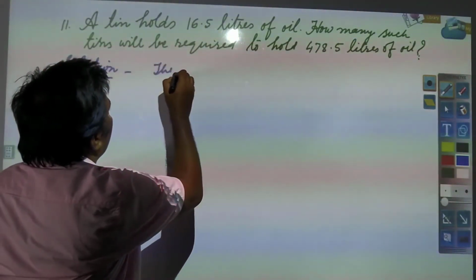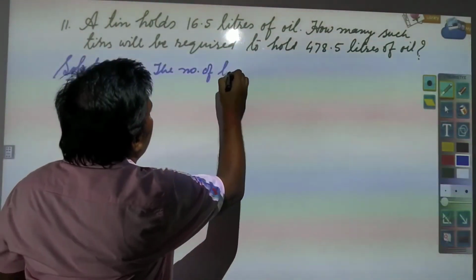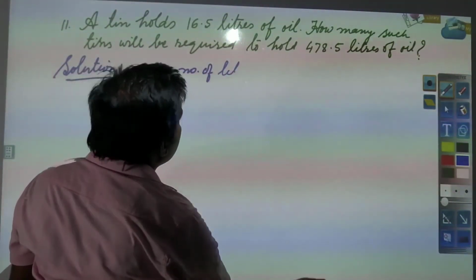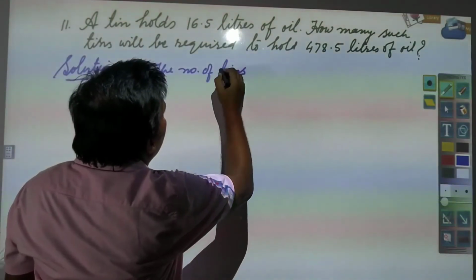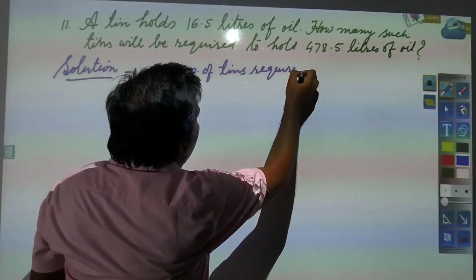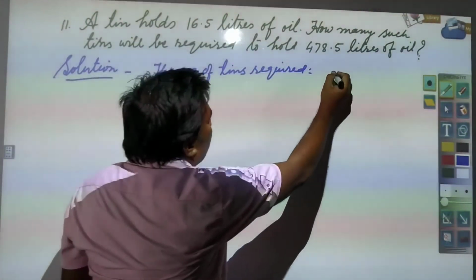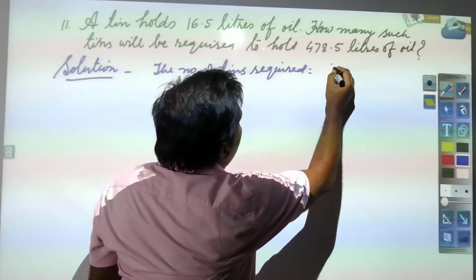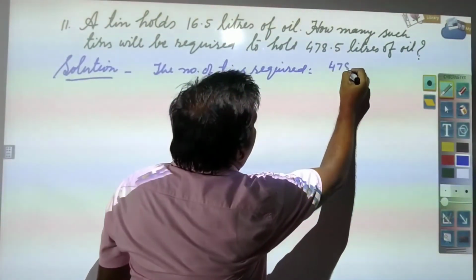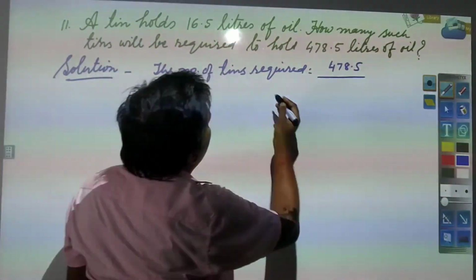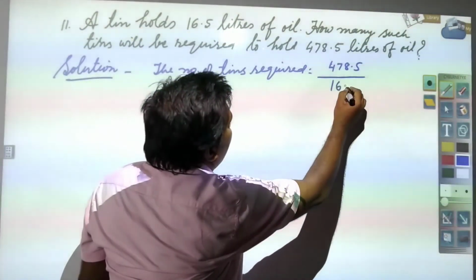The number of tins required will be equal to, you write down 478.5 divided by 16.5.